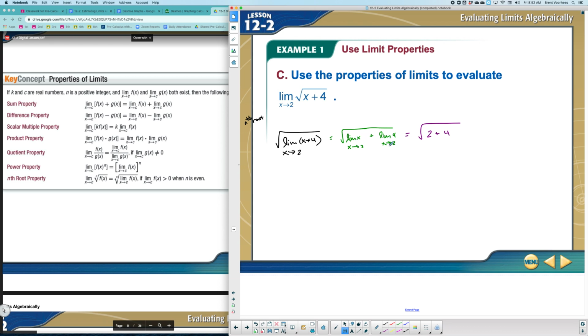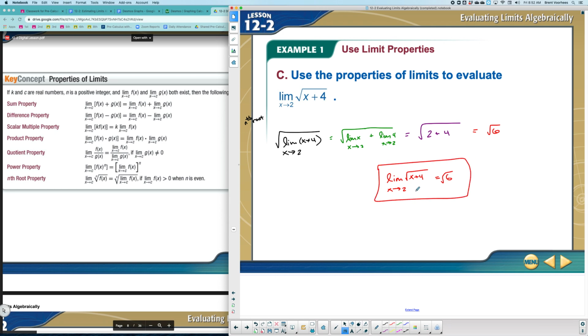Identity, and that's a constant, which is going to equal the square root of 6. And so the answer here, since I cannot reduce the square root of 6, the limit as x approaches 2 of the square root of x plus 4 is going to equal the square root of 6.